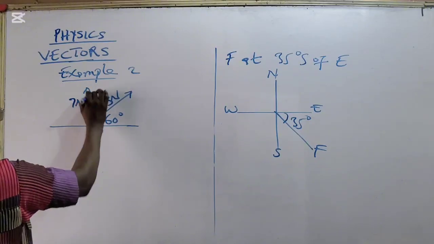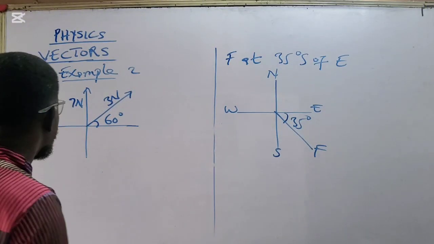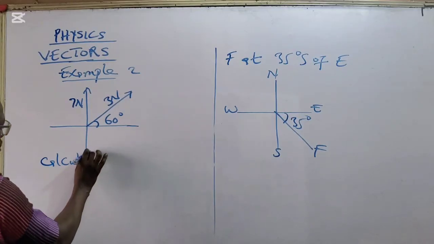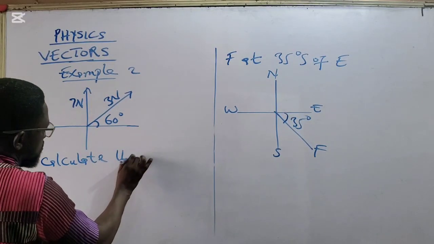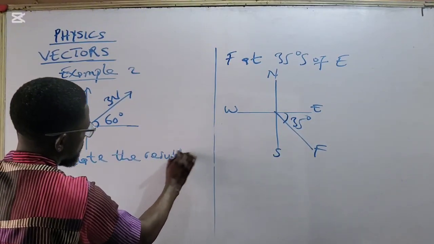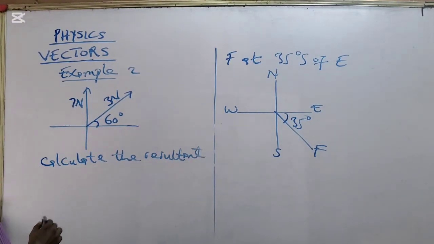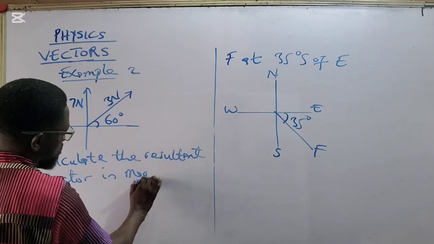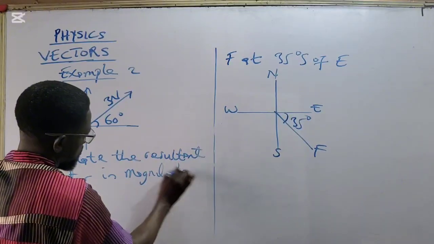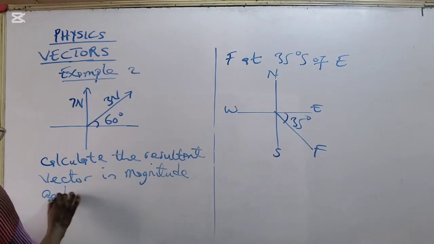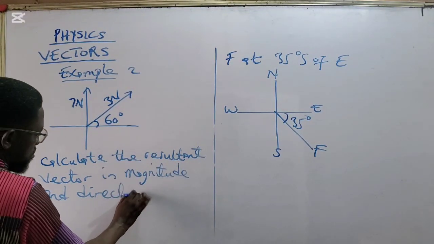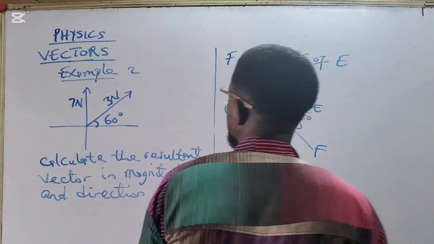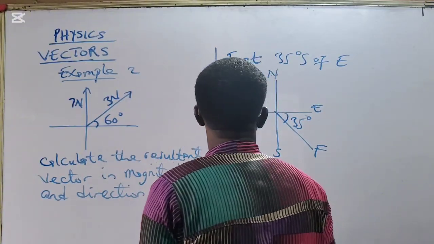Then I have a 7 Newton force in that vertical direction. And we have to calculate the resultant vector in magnitude and direction.